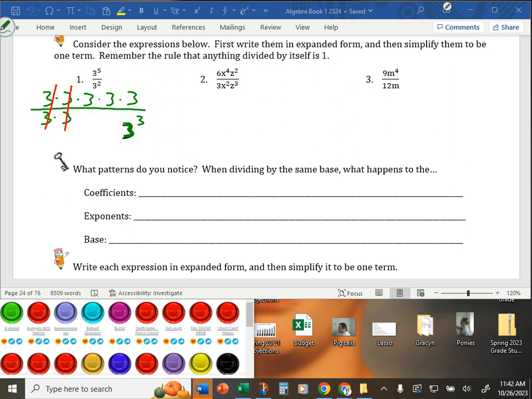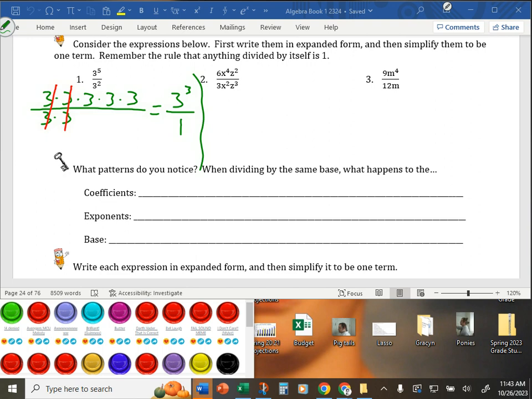Nothing. Everything canceled out. So if you wanted to put a 3 cubed over 1, you could. But we have 3 cubed left in the numerator, nothing left in the denominator. If you want to put over 1, you can. But this would be our simplified answer. Right? 3 cubed over 1. And the reason why it's 3 cubed is because that's how many 3's we've got left in the numerator.